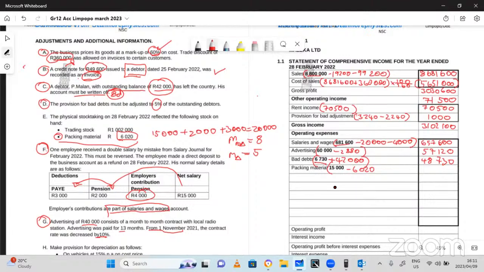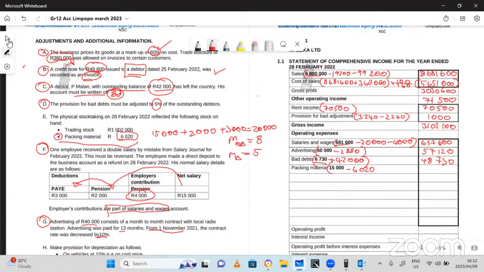But again, after subtracting it, we don't end there. You check if we didn't open the year with packing material from the previous accounting period. Didn't we have an opening balance? Remember, this is the packing material that we have bought during the year. But you cannot use the new packing material without using the old packing material.